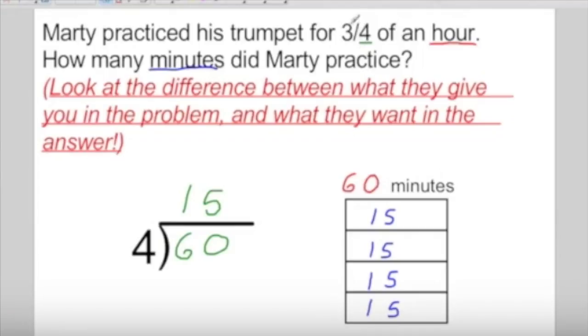So now let's take a look at our numerator. The numerator is 3, so section off 3 of those, or just go ahead and go 15 times 3, whichever way you are comfortable doing it. 15 plus 15 plus 15 sounds to me like Marty practiced for 45 minutes that day, 3/4 of an hour.